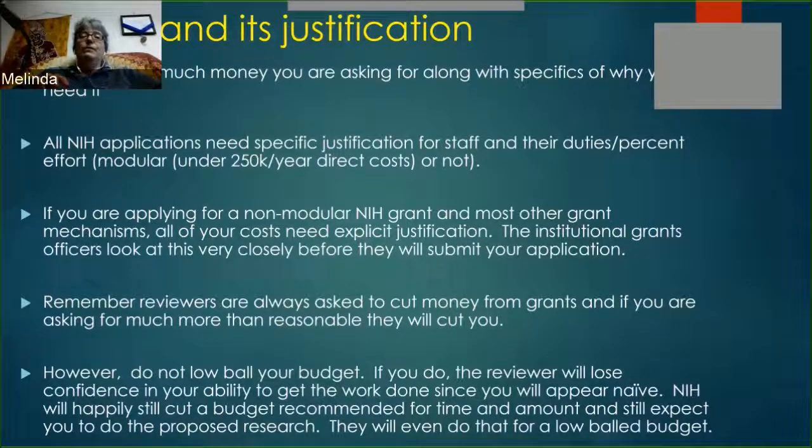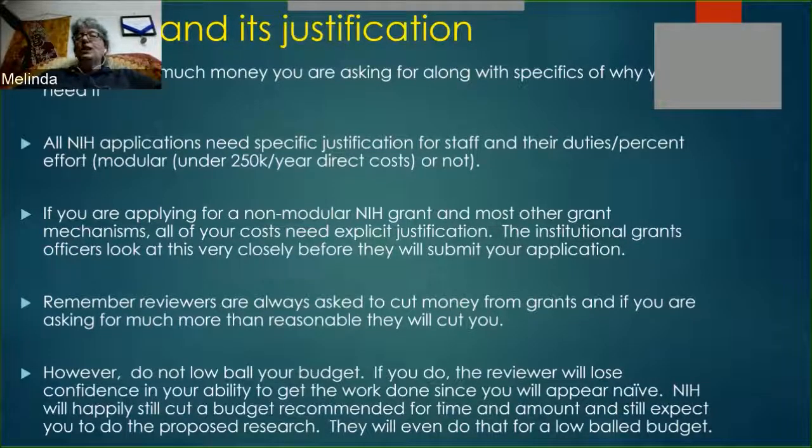Just as an example, my competing renewal, the reviewers recommended it for time and amount. However, while they gave me the amount, in other words, they gave me the yearly budget, they only gave me 4 of the 5 years I asked for. Now, NIH will never increase a budget. So if the reviewer says, well, they need more money than this to do the work, NIH is never, ever going to increase the budget for a lowballed budget.